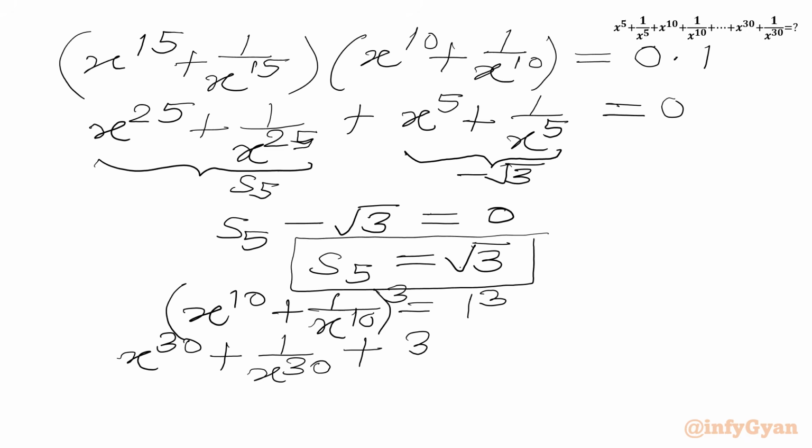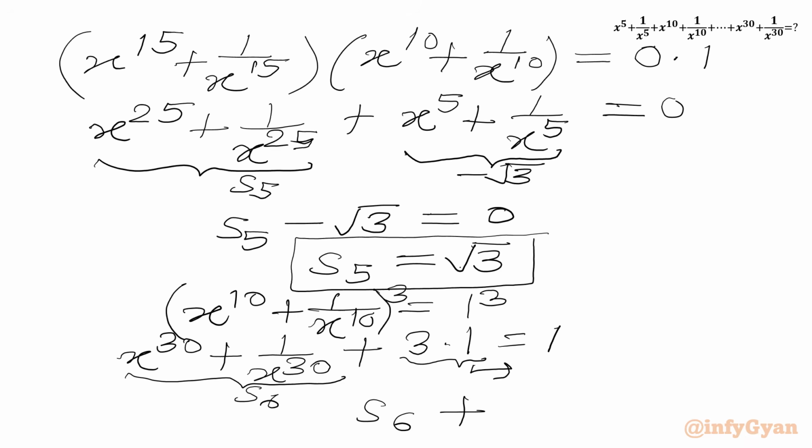X power 10 plus 1 over x power 10 is again 1. Will be equal to 1 cube is 1. Now this is 3. We will take 3 to the RHS. And this is S6. So I can write S6 plus 3 equal to 1. We'll subtract 3 from both the sides. So S6 will be equal to minus 2. I can write S6 will be equal to 1 minus 3. S6 will be equal to minus 2.